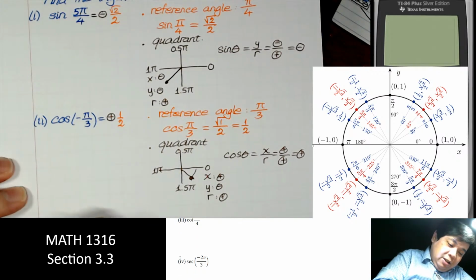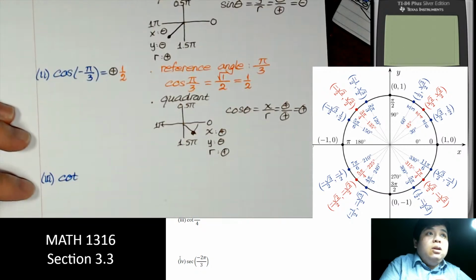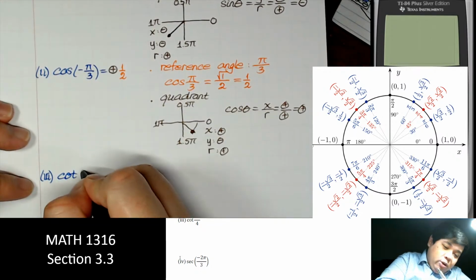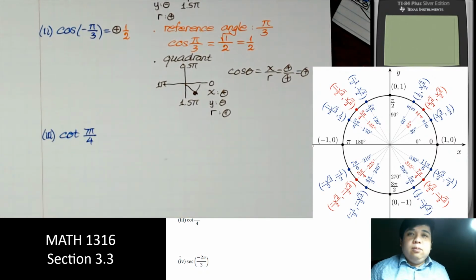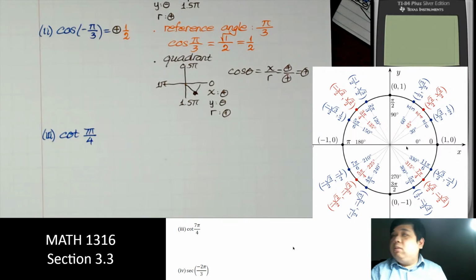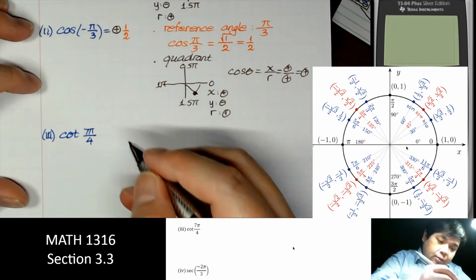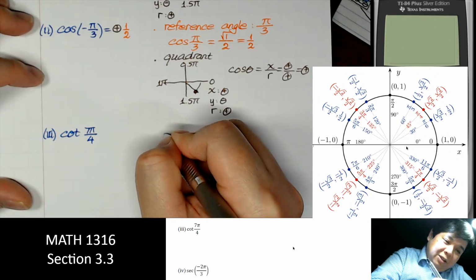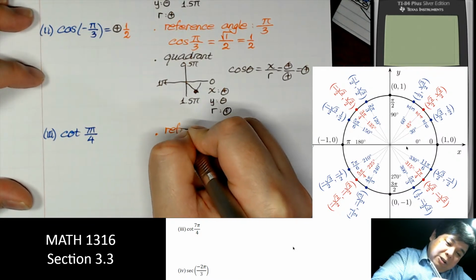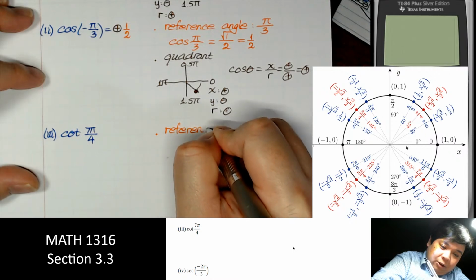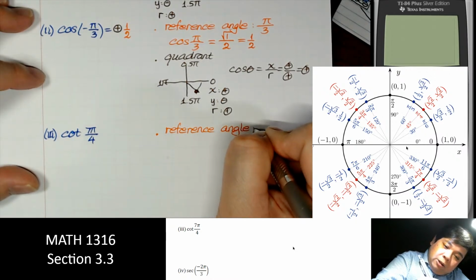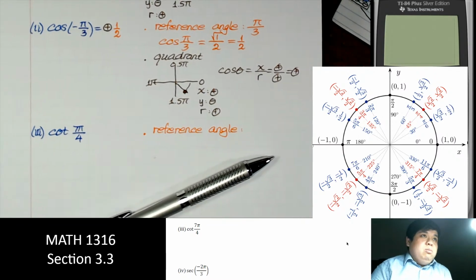Next. Cotangent of 7 pi over 4. To make the unit circle bigger.